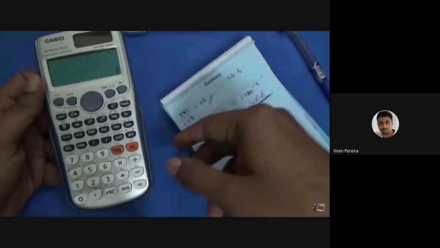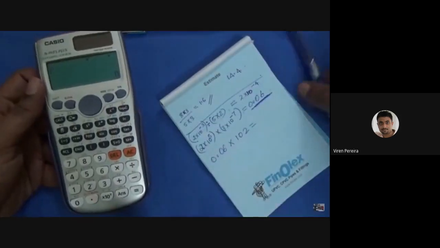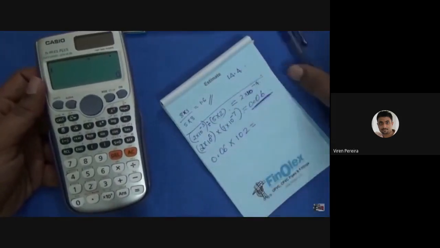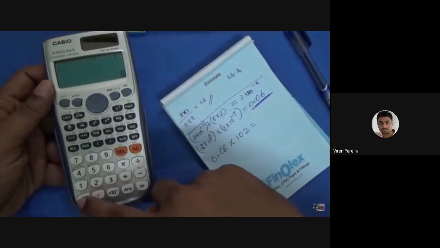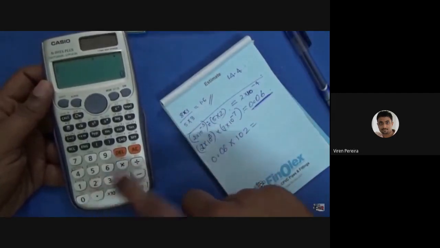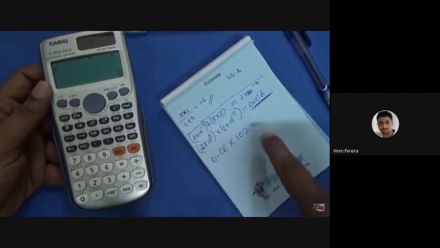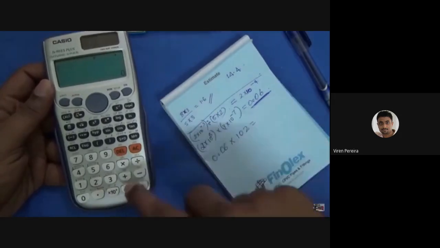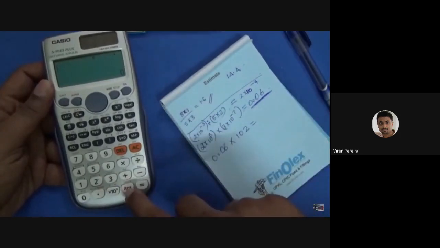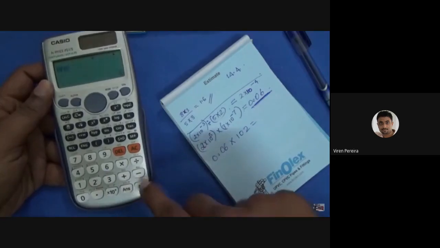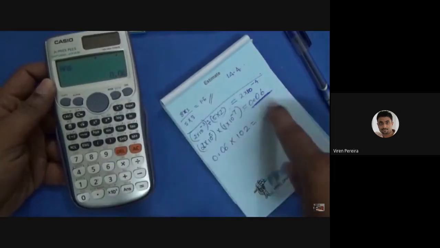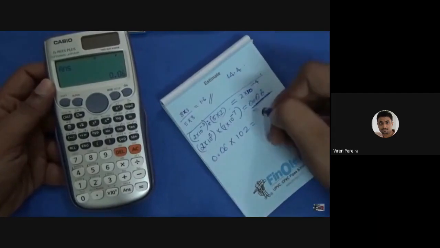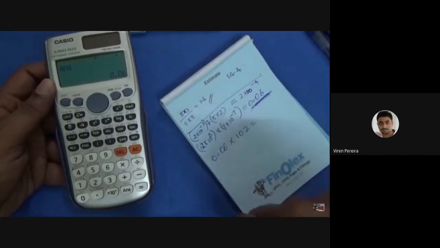So it's not required that I have to input 0.06 into 102. I can just use the last answer. This answer button is basically the last answer. If I press answer and I press equal to, the last answer which it had substituted comes, that is 0.06.